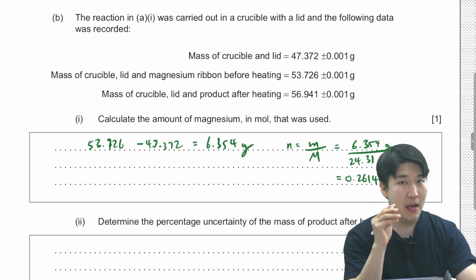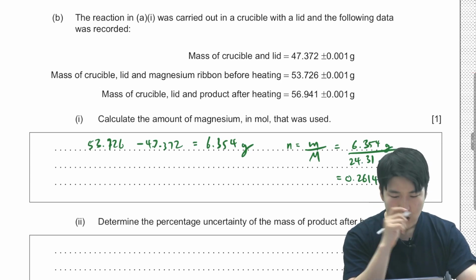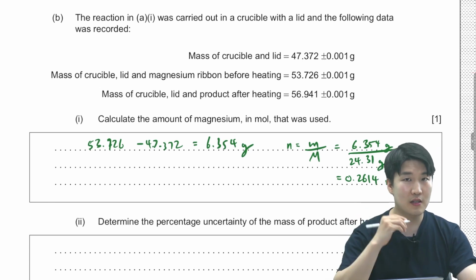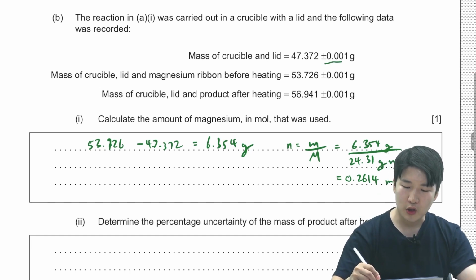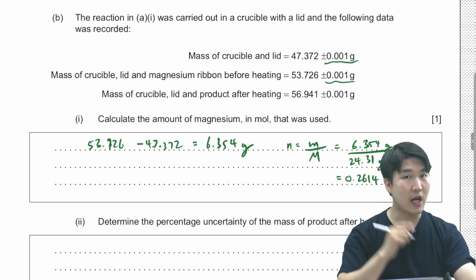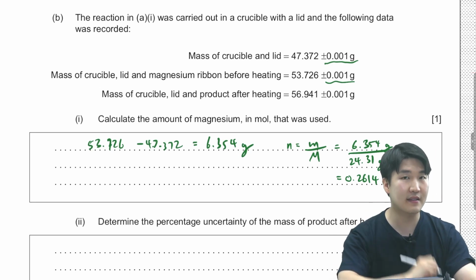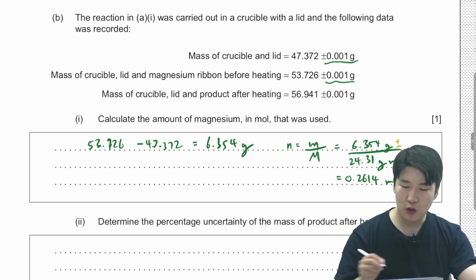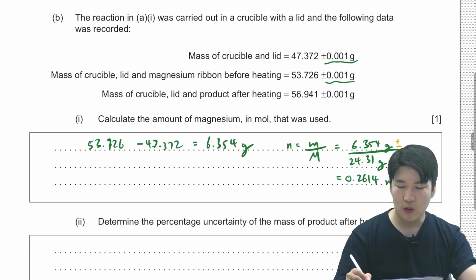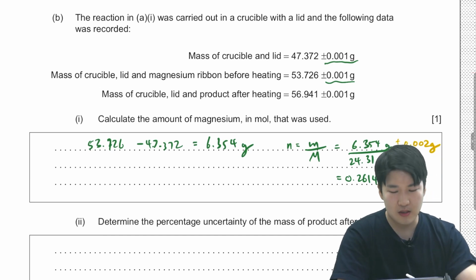When we worked out the mass of magnesium via the simple subtraction, we could consider the absolute uncertainties associated with the mass values. We are using 0.001 grams for the absolute uncertainties, which means, although we're not asked in this question, we could acknowledge how the 6.354 grams mass value has 0.002 grams of absolute uncertainties.